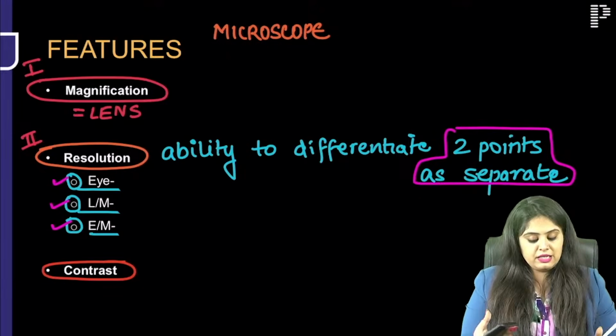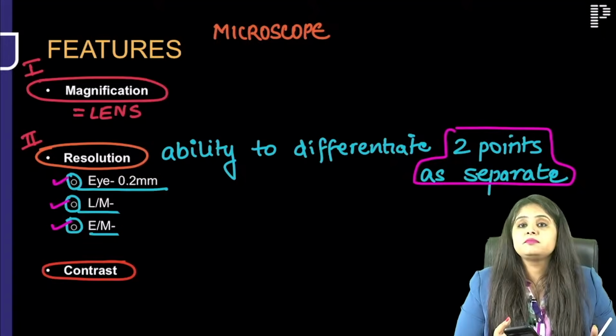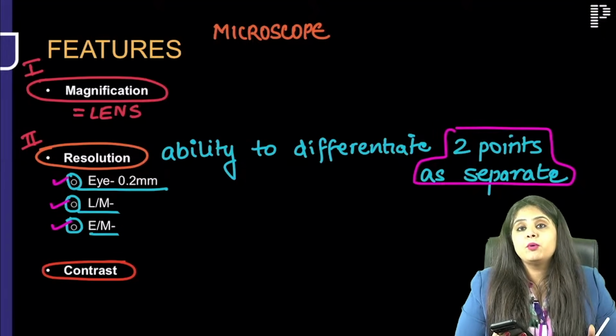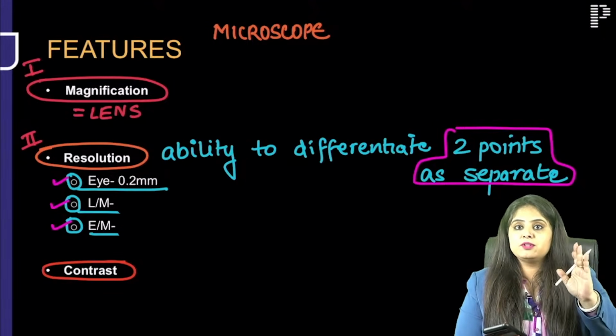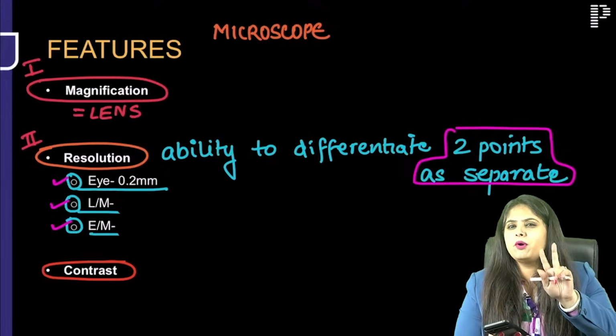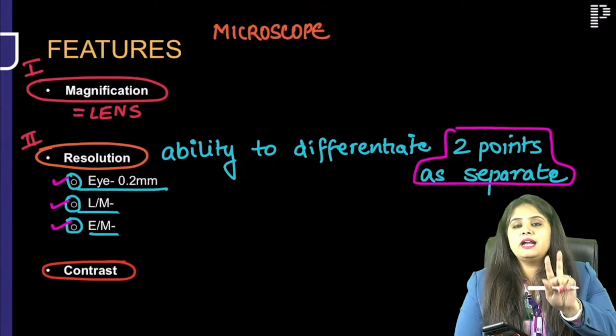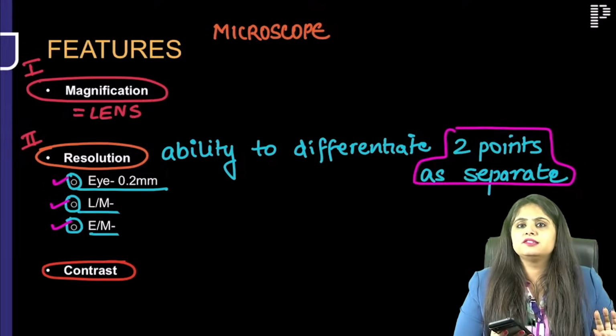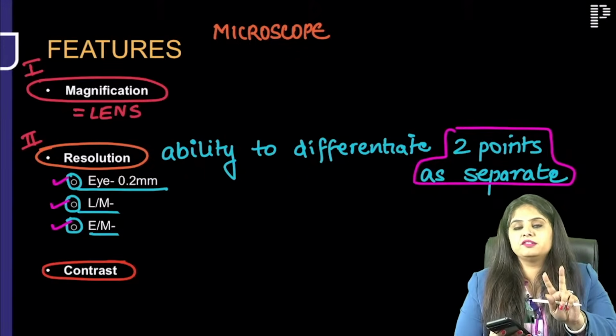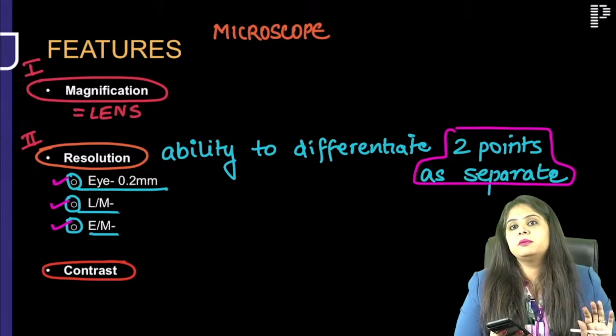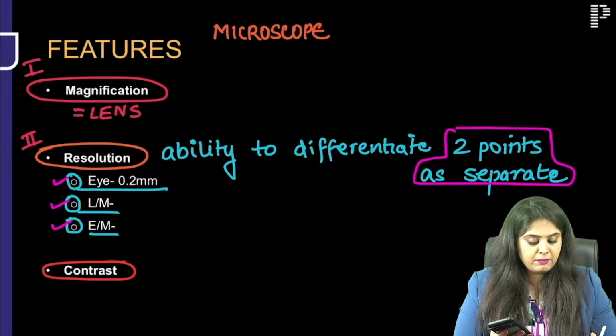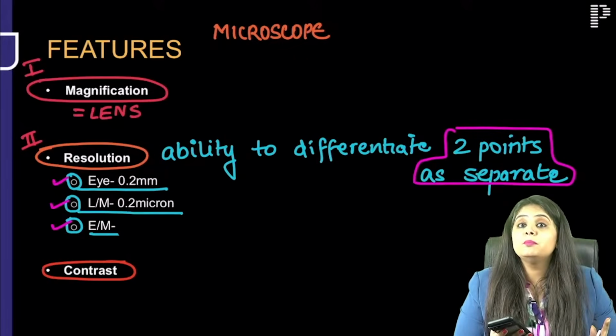So resolution is said to be, for eye, it is 0.2 mm. 0.2 mm means that your eye has that much of resolution. Any two things that are 0.2 mm away, your eye will be able to tell that yeah, these are two separate points. 0.2 mm distance is minimum required. Next, for a light microscope, it becomes 0.2 microns.